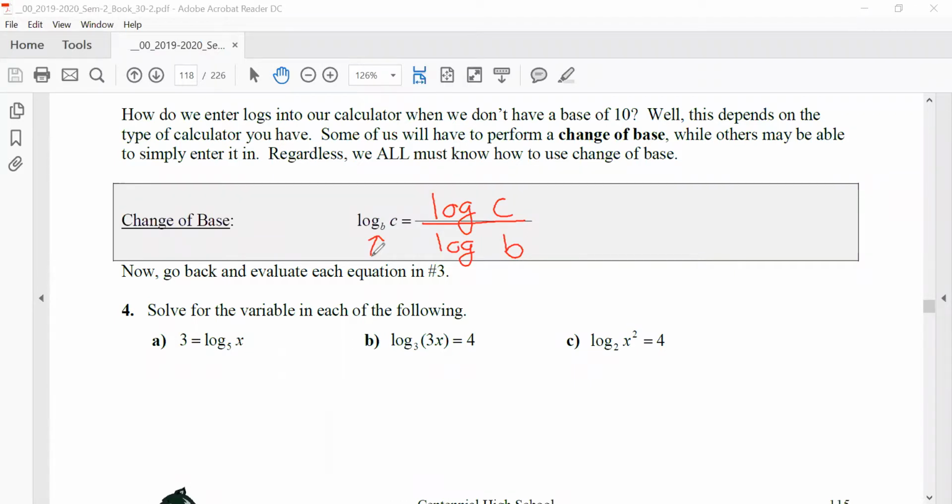Okay. Now on your formula sheet, if you're looking at it, I'm going to write it beside. You actually see that on your formula sheet, they put a base of a there. Because you know what you can do? You can make that base anything you want. For us in 30-2, it's going to be easiest to always make that base 10, because that's what our calculators handle. Okay.